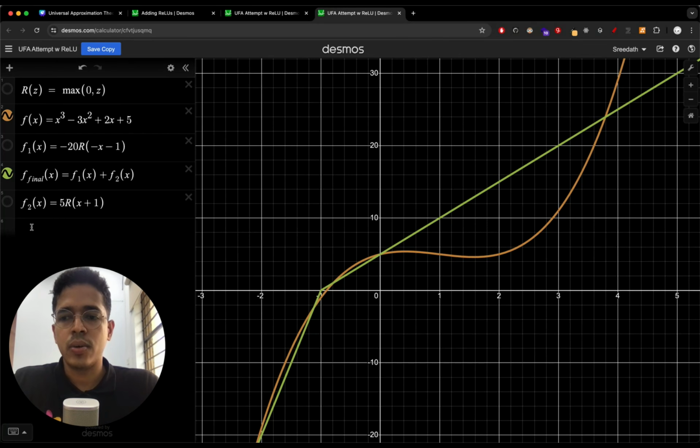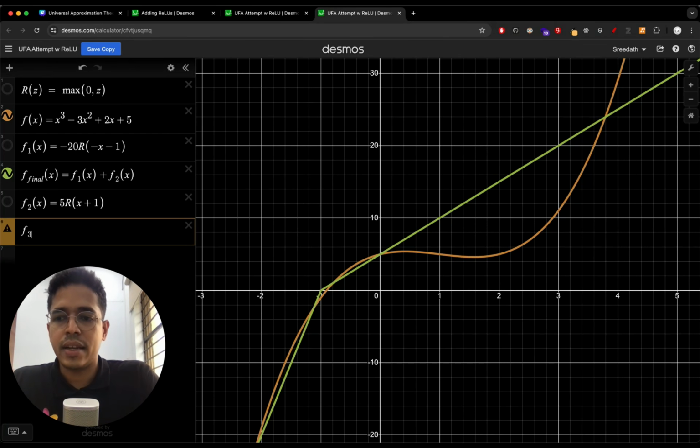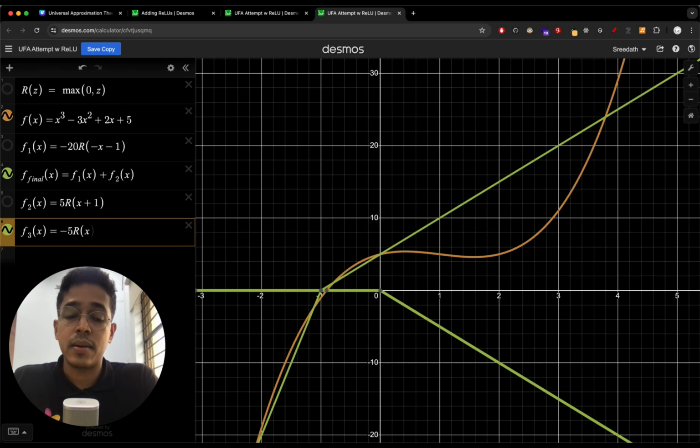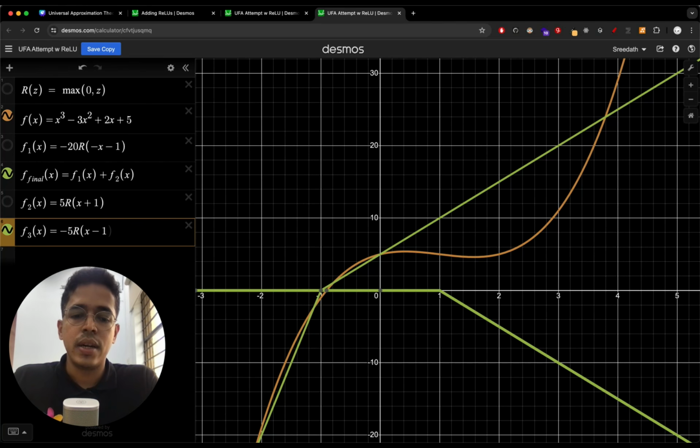So what I will do is I'll define a function f3 of x equal to minus 5 times ReLU of what? It should be x minus 1 because I want to shift the ReLU. Actually the transition point should be at x equal to 0 itself, I guess.